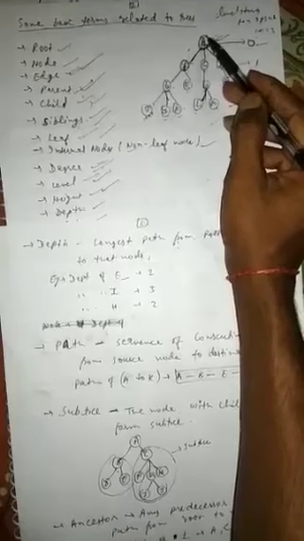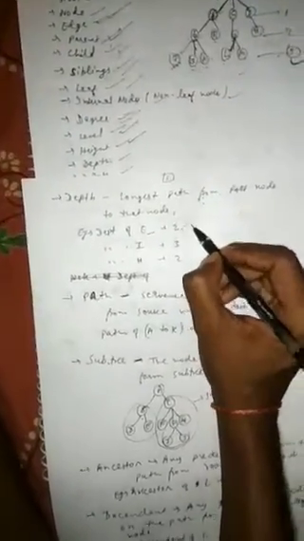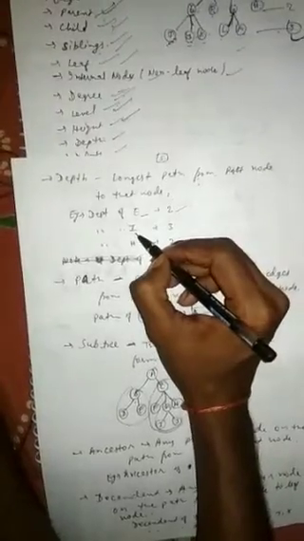From the root node to that node, it means we take from the top of the tree. So it means A, B, only two nodes from the root node to that node. So the depth of E is 2.